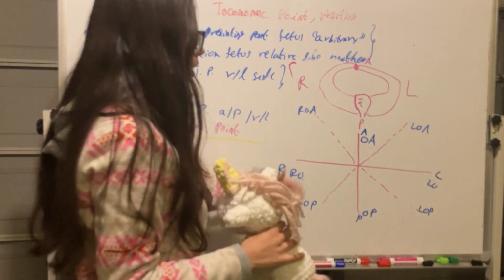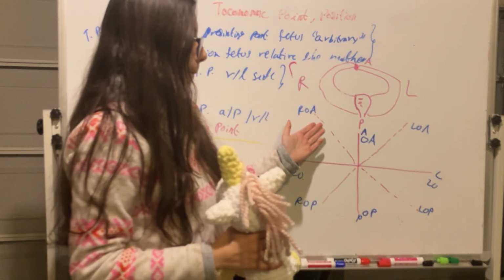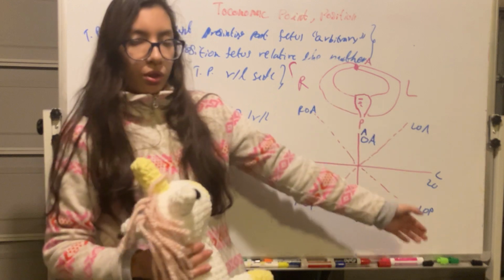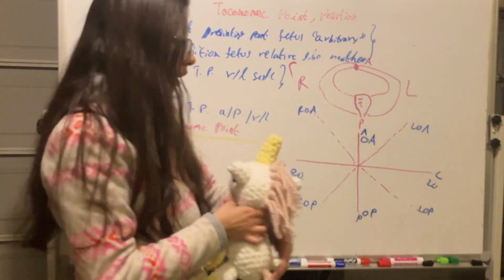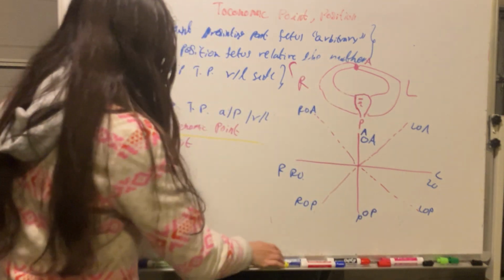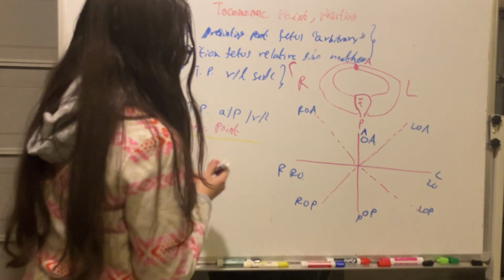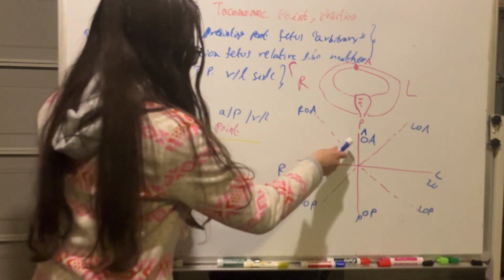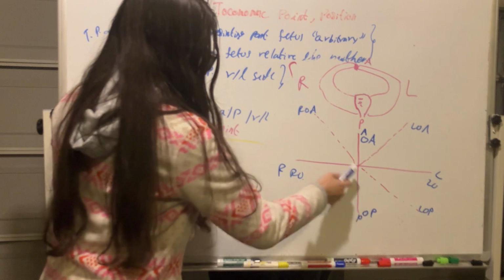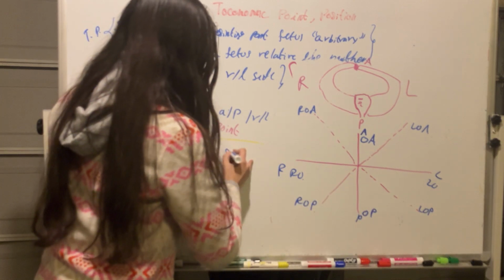So how many varieties of position can the tokonomic point have in relation to the maternal pelvis? There are 8.